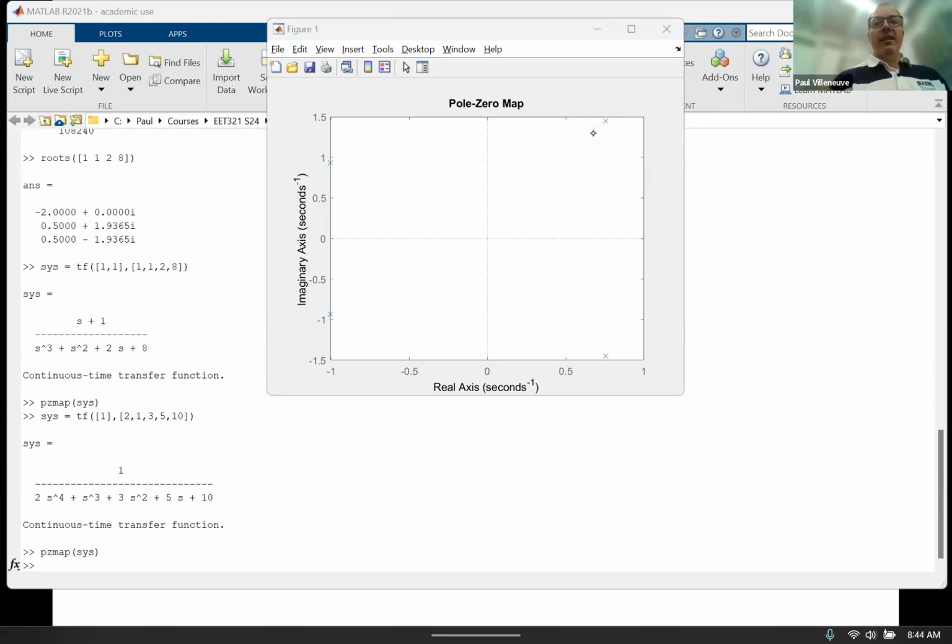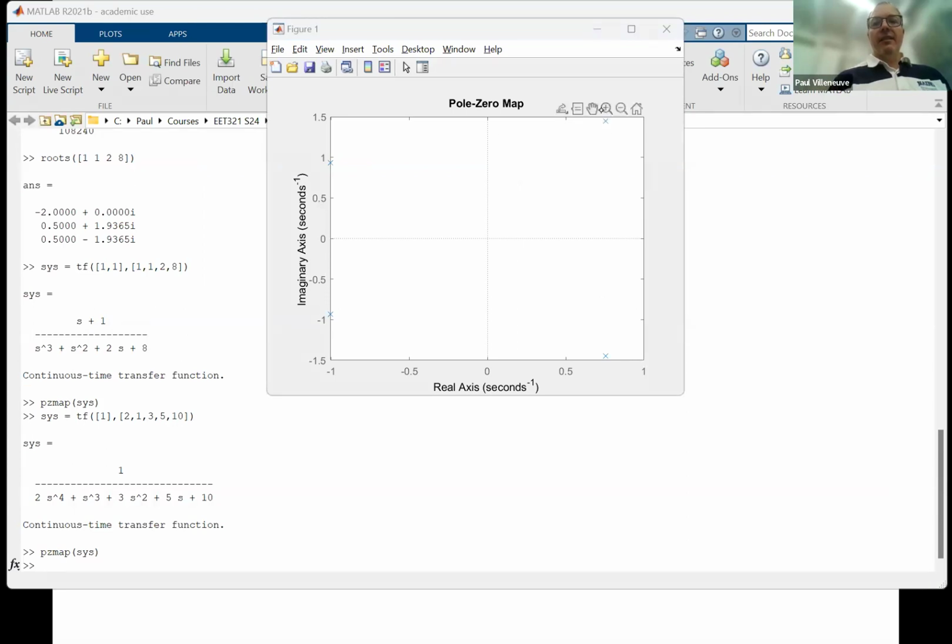And I guess I'll do the annotate. Those are in the right hand. It just tells you the number of poles in the right-hand half plane.